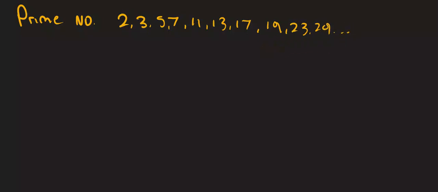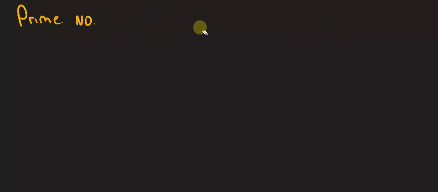Do you see a pattern? Because I do. All of these numbers are odd numbers. If that's what you thought, then you're correct. Prime numbers are basically odd numbers that exclude 1 and include 2.